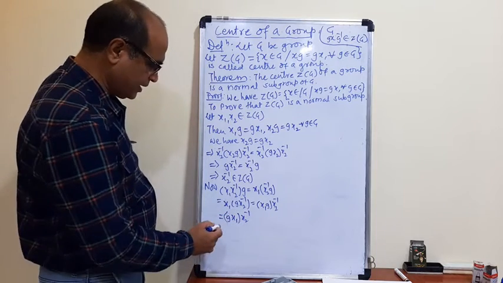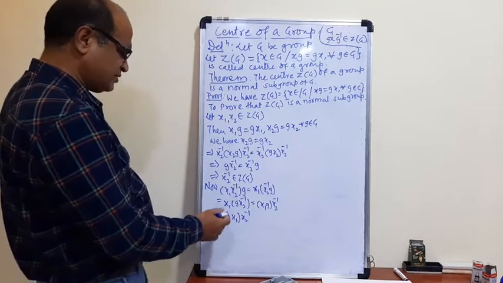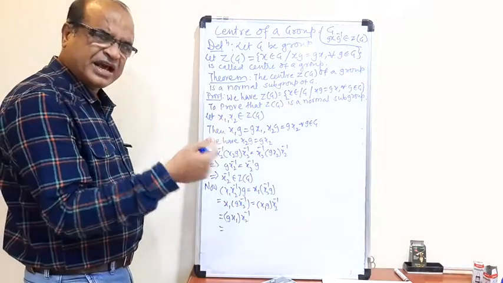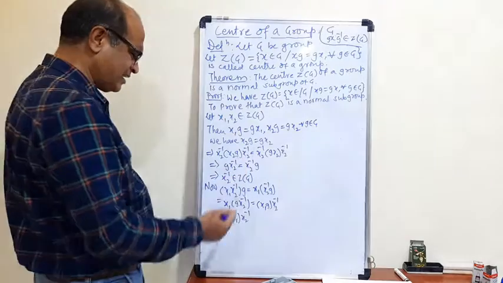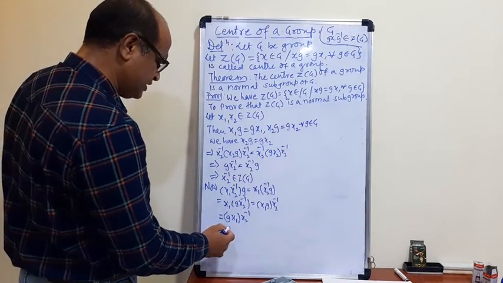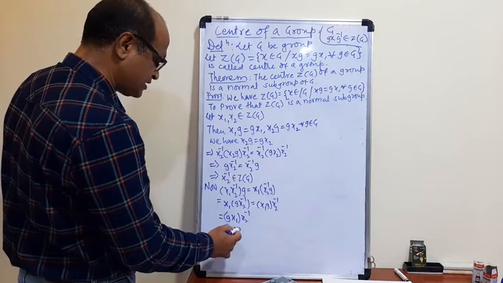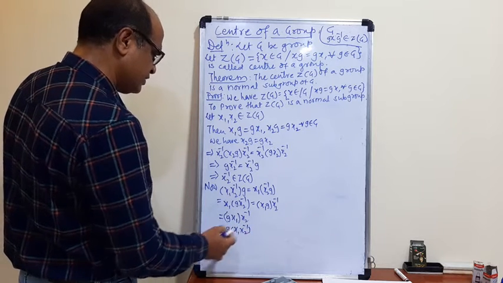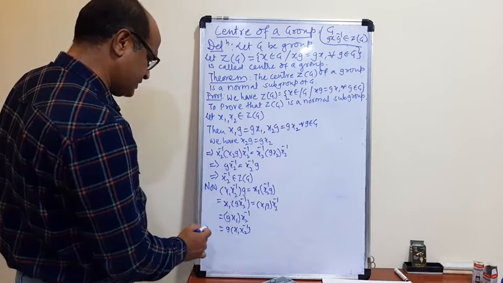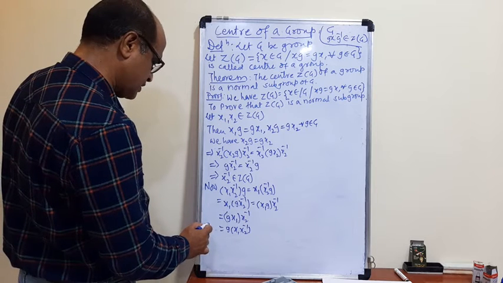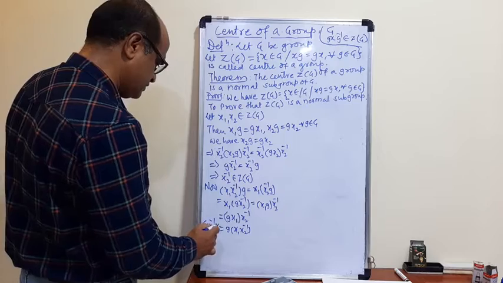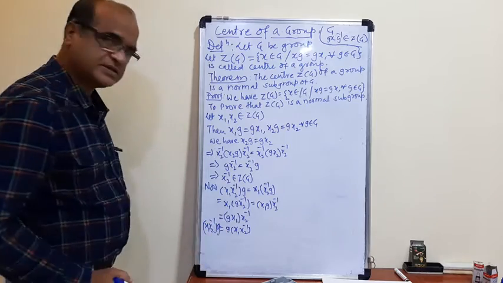Using the properties of commutativity, associativity and closure, this is g into x1 x2 inverse. So x1 x2 inverse into g is equal to this.